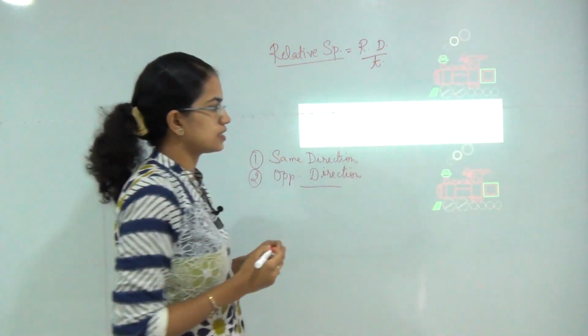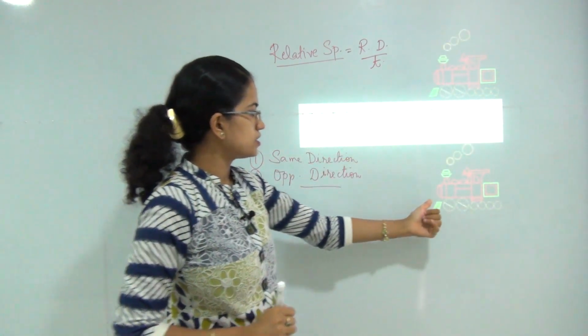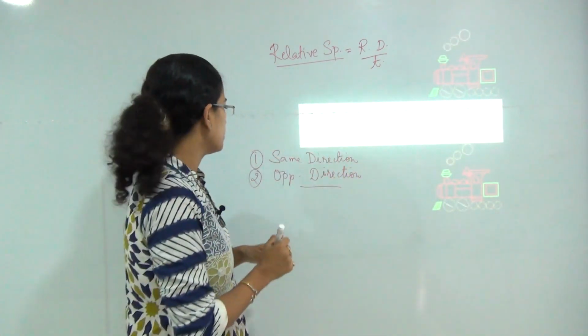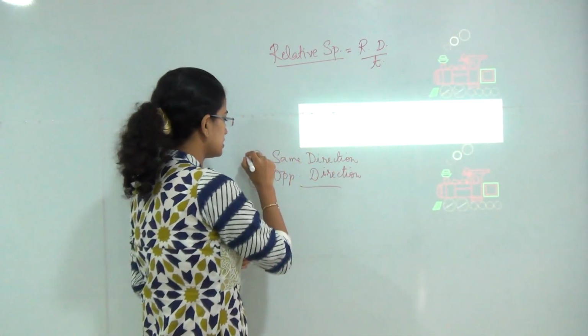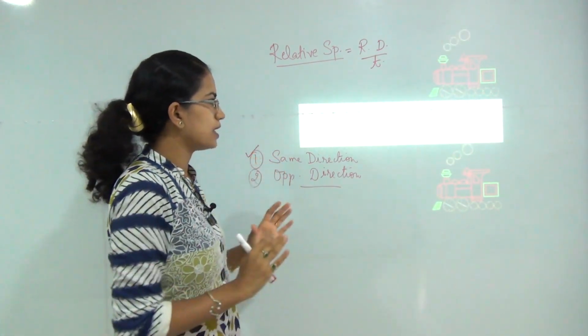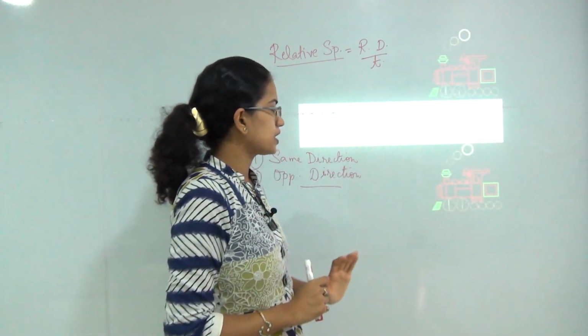So let's first understand what is the relative distance in the first case. In the first case, we can see the engine of both the trains is facing this side. So we are considering the first example, that is both the trains are moving in the same direction. Now what will happen when both the trains are moving in the same direction?